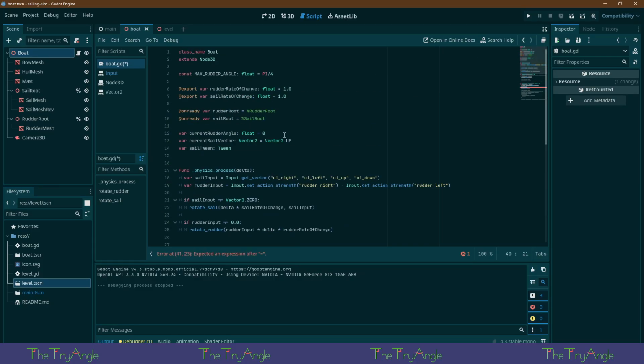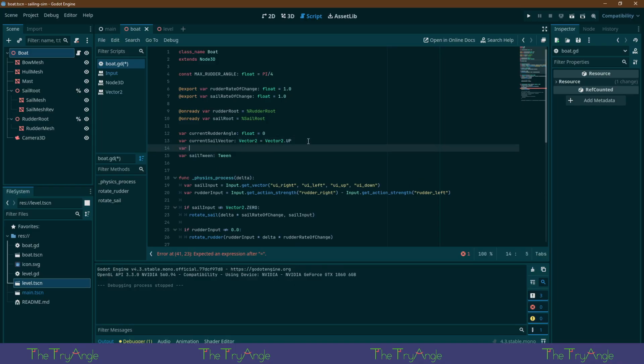And instead of saying current vector, we're also going to have target sail vector. And we'll make it up as well. I want both these to start out down, actually. So these will start out down.